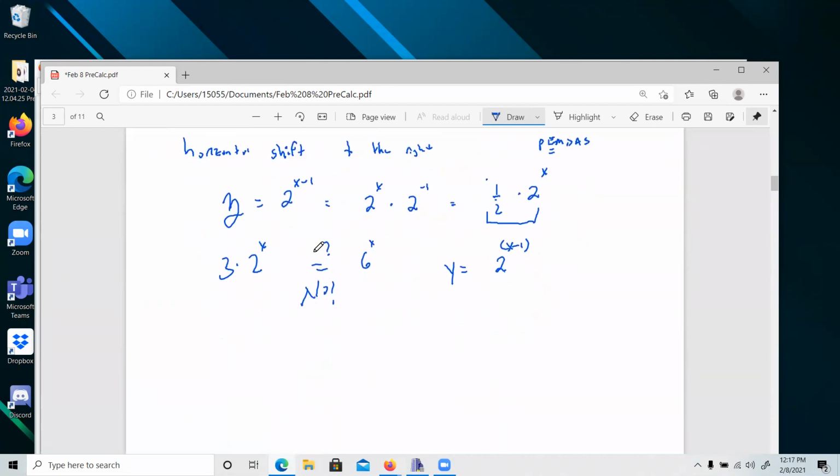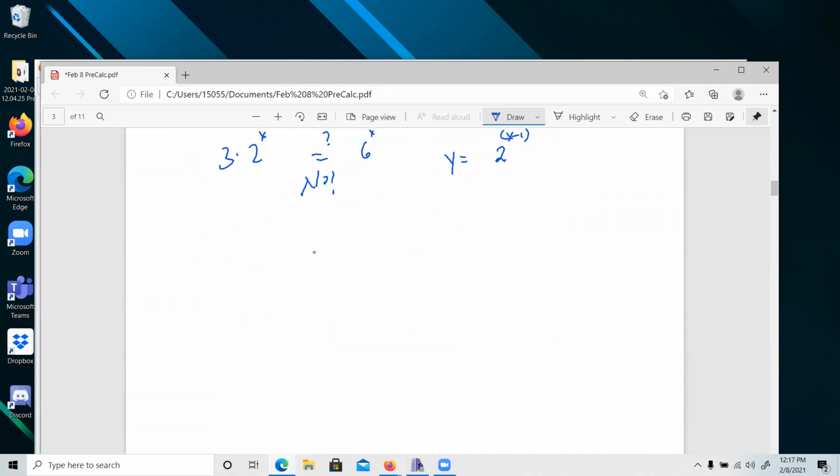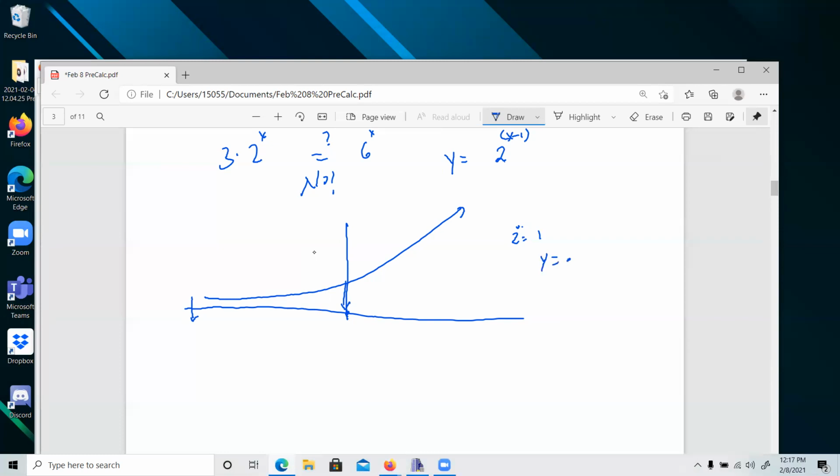We were looking at vertical and horizontal shifts. If I'm looking at something just like 2 to the x here, my vertical shift goes 1 down. So I'm going to take every point I have here and move it 1 unit down. 2 to the 0 would be 1, and then we're going to move that down 1, so it's going to be here. Usually my horizontal asymptote was at y equals 0.